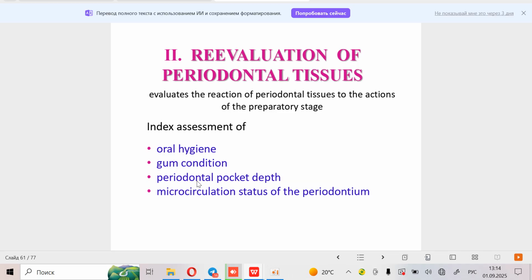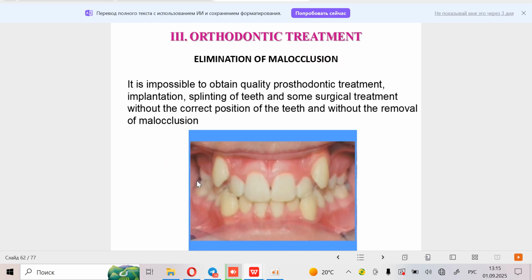In this stage, you should evaluate the oral hygiene of the patient, the condition of the gum, the depth of the periodontal pockets, and the condition of periodontal microcirculation. Index assessment: oral hygiene, gum condition, periodontal pocket depth, microcirculation status of the periodontium.